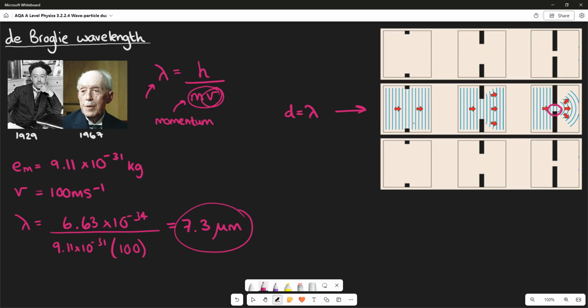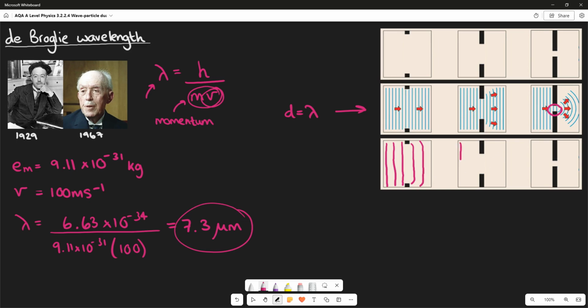So instead of having this distance here between the peaks, if the wavelength was larger, then we would have a larger distance between the peaks. A larger wavelength means that you need a smaller gap in order to get diffraction. So we would actually get some diffraction at this level.